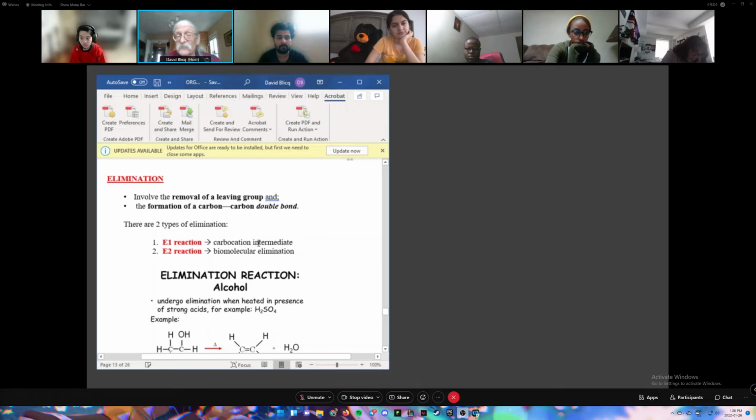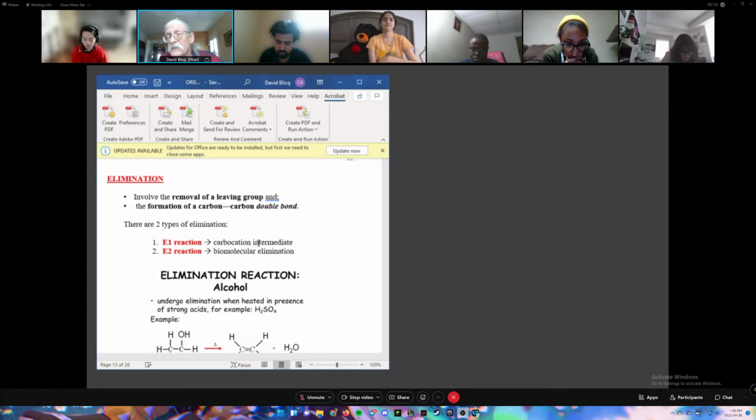E1 means, ready? It went through the same carbocation. That means it was an acidic environment. And it eliminated because you made a carbocation, and that carbon wasn't happy. And since there wasn't a nucleophile it could grab onto, it simply made a double bond to the carbon next to it. An E2 reaction is bimolecular.